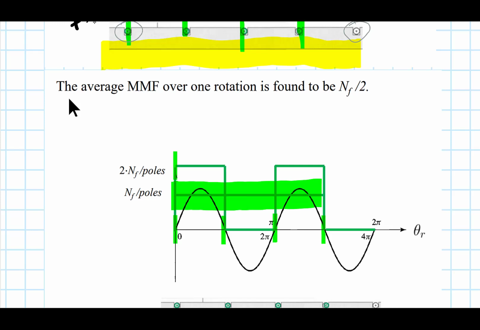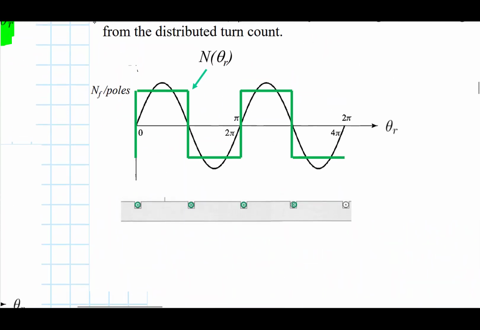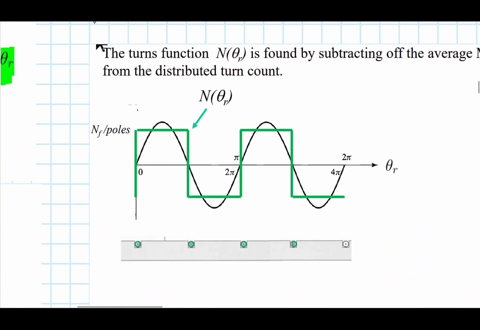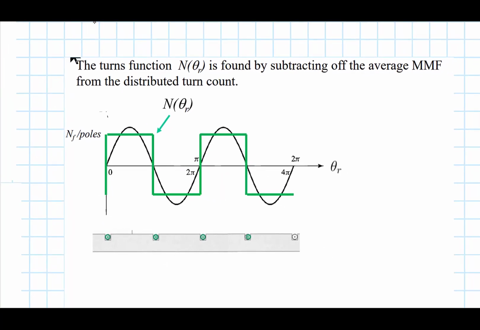And that average MMF is what I'm showing by this line right here. That's 1/2 of this value. And so now it becomes NF over the number of poles. The next step is to subtract off that average from that MMF function.